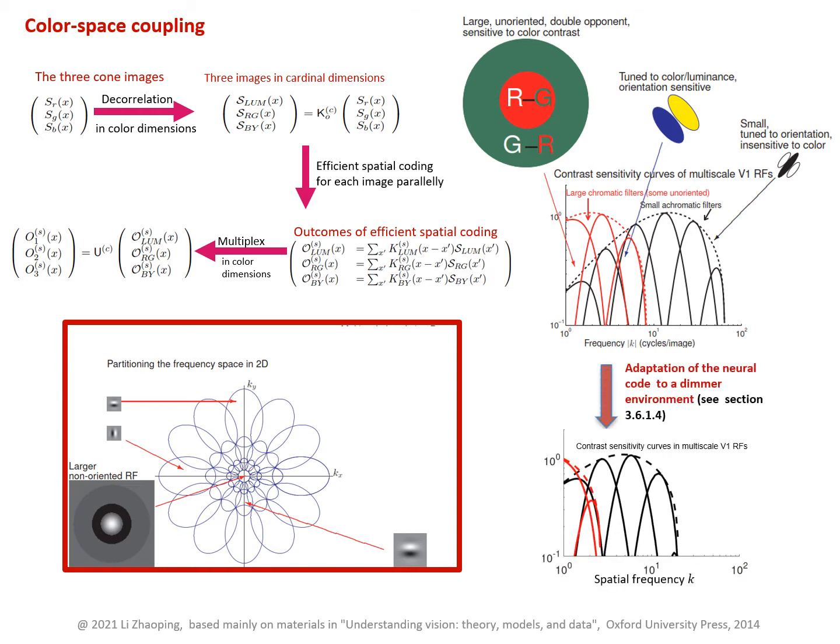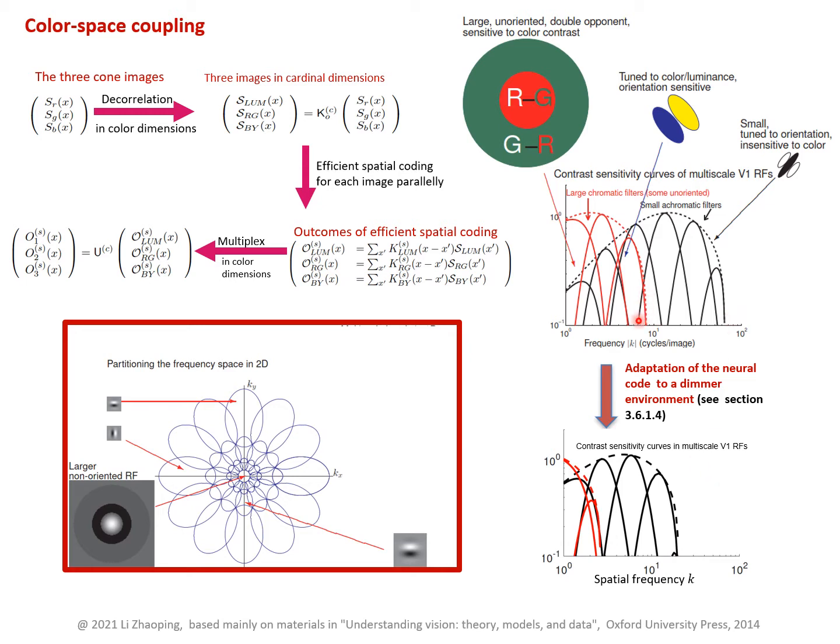However, if we are in a dimmer environment, the contrast sensitivity curves will adapt like this. Due to a smaller signal to noise ratio in this environment, the frequency cutoff, both in the chromatic channel and the luminance channel, will occur at smaller frequencies compared to the previous case in a brighter environment.